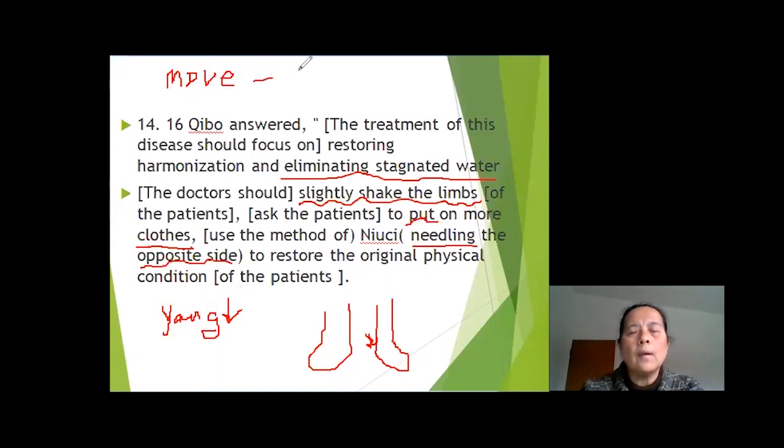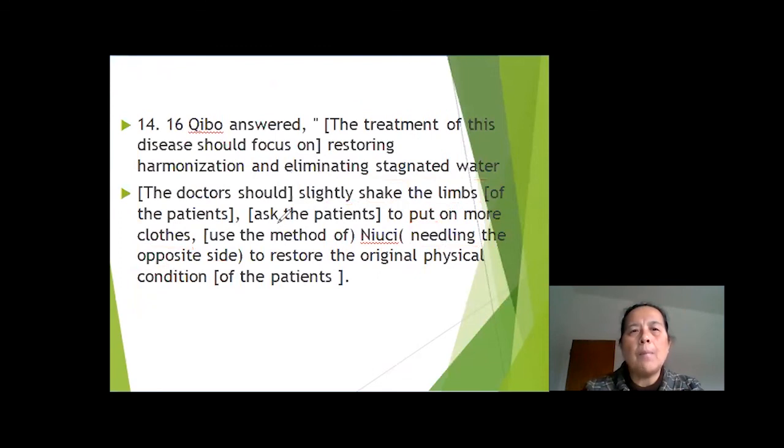So moving generates yang qi, which is needed because the patient's yang qi is deficient. So we tell the patient to slightly move their limbs and put on more clothes to keep yang qi inside. Then we use needles to treat. That's a combination of maintaining yang qi and treatment together.